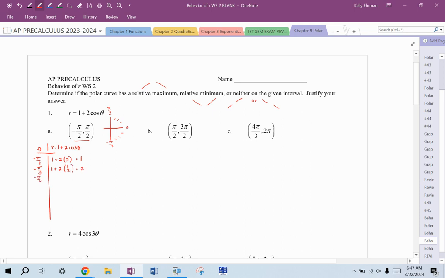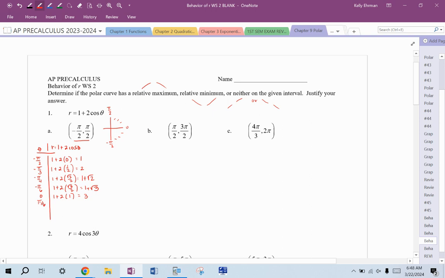Negative pi over 4: 1 plus 2 times positive radical 2 over 2, which is 1 plus radical 2. Plug in negative pi over 6: 1 plus 2 times radical 3 over 2, which is 1 plus radical 3. Plug in 0: 1 plus 2 times 1 is 3. Plug in pi over 6.